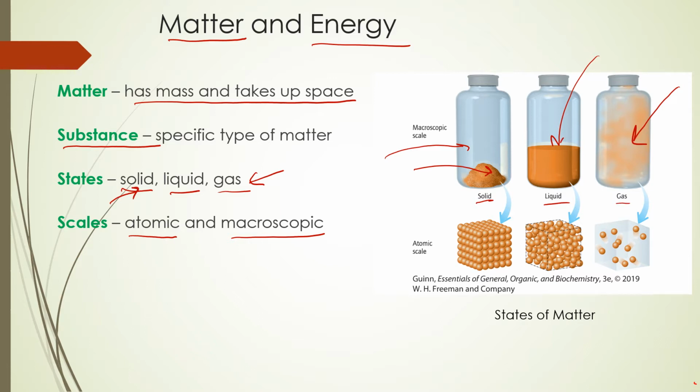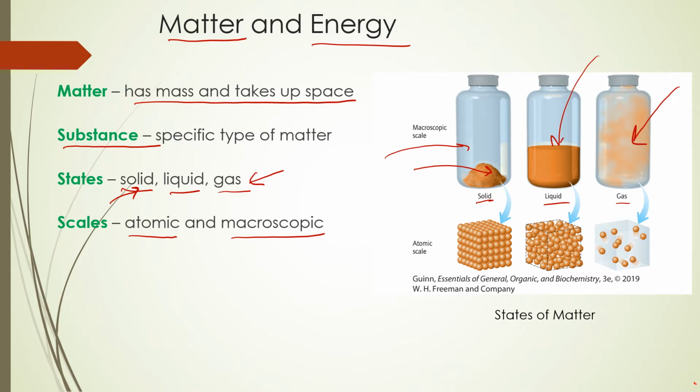Now, experimental evidences have shown that matter is composed of small particles. And in next chapter, we will learn about those particles. Those particles can either be atoms or molecules, but let's forget about what those are. So at this point, we can say that all matter is composed of some small particles.